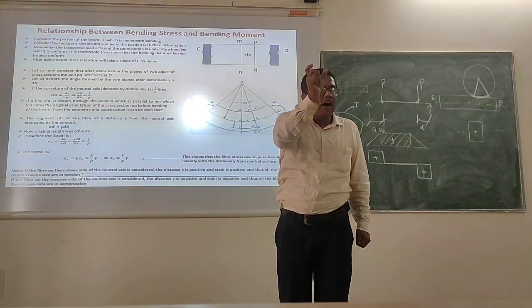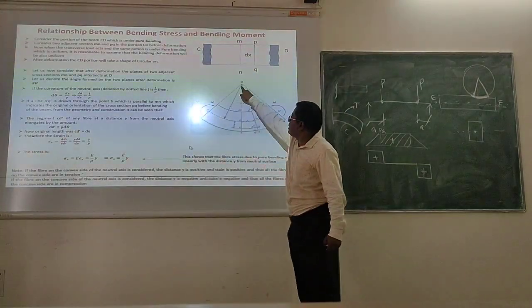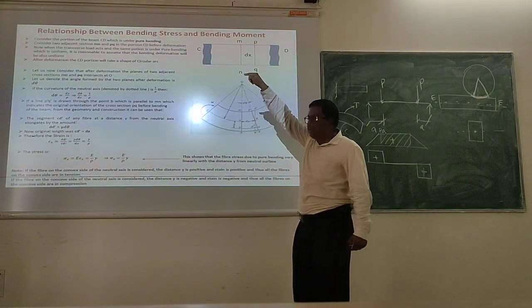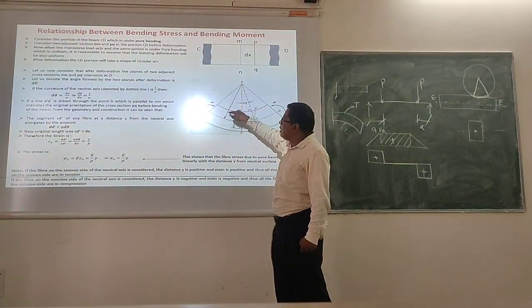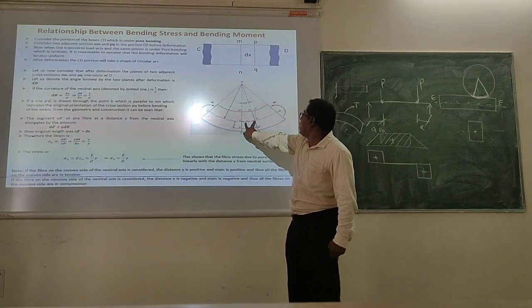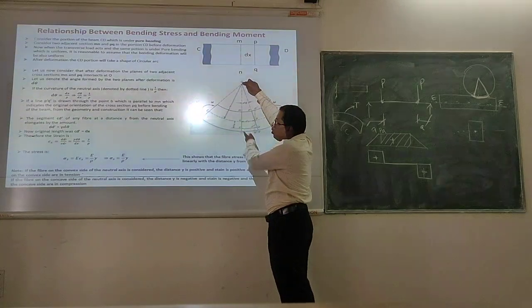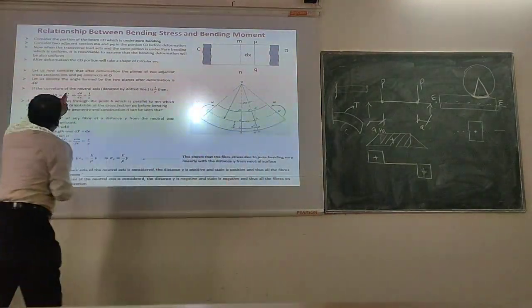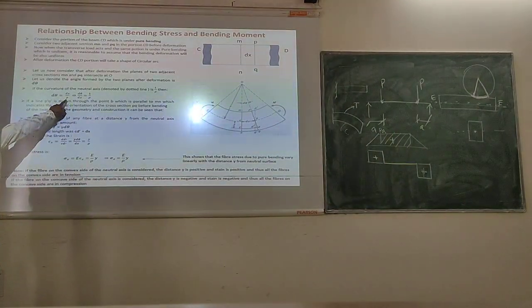Length of the arc is equal to how much? R into d theta. If this is my radius, the radius of curvature rho, then this dx will be equal to d theta into rho. That's what I have written: dx equal to rho d theta. So that means d theta is equal to dx by rho.